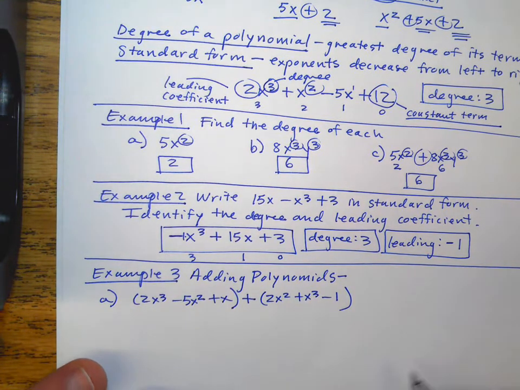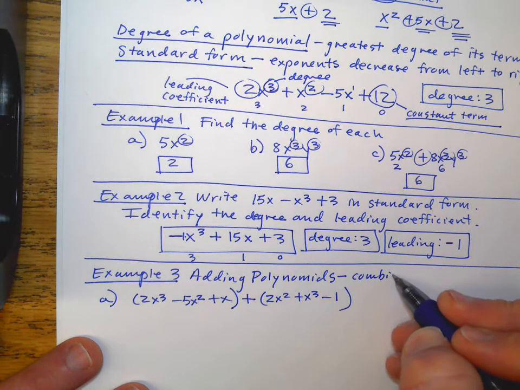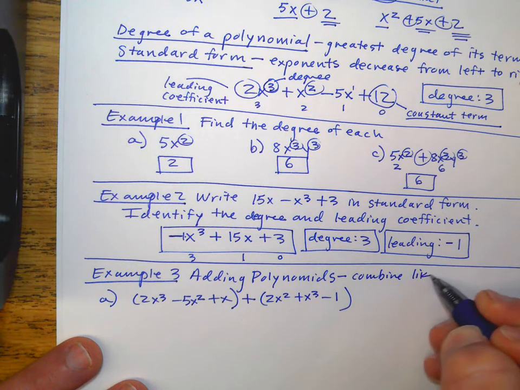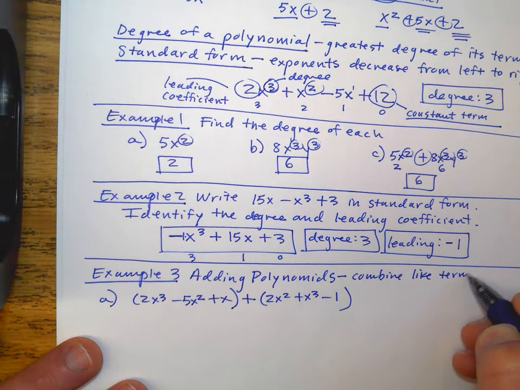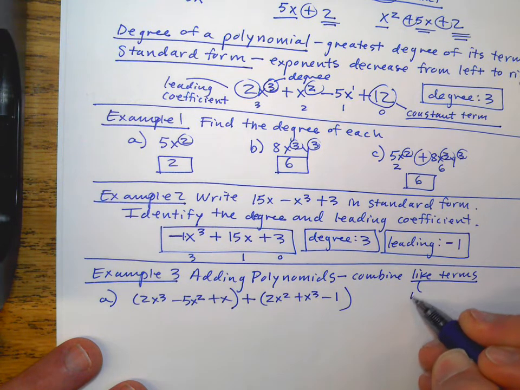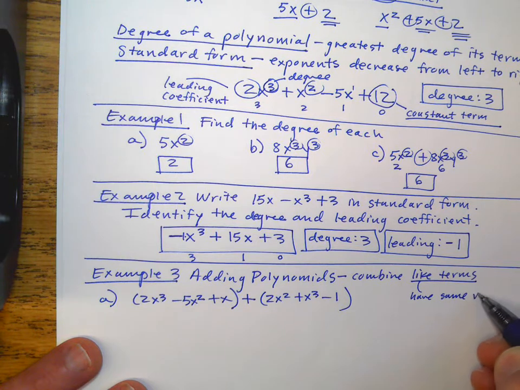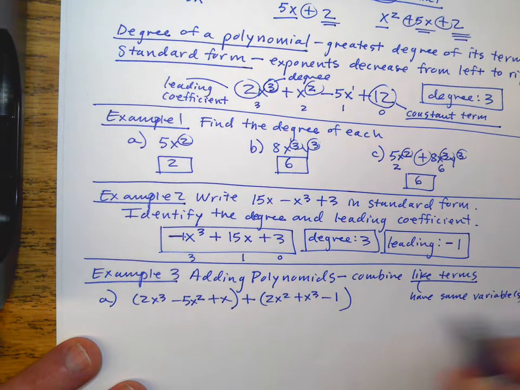The way we add polynomials together is all we do is we combine like terms. Combine like terms. What are like terms? Like terms have the same variable or variables, but also with the same exponents on them.